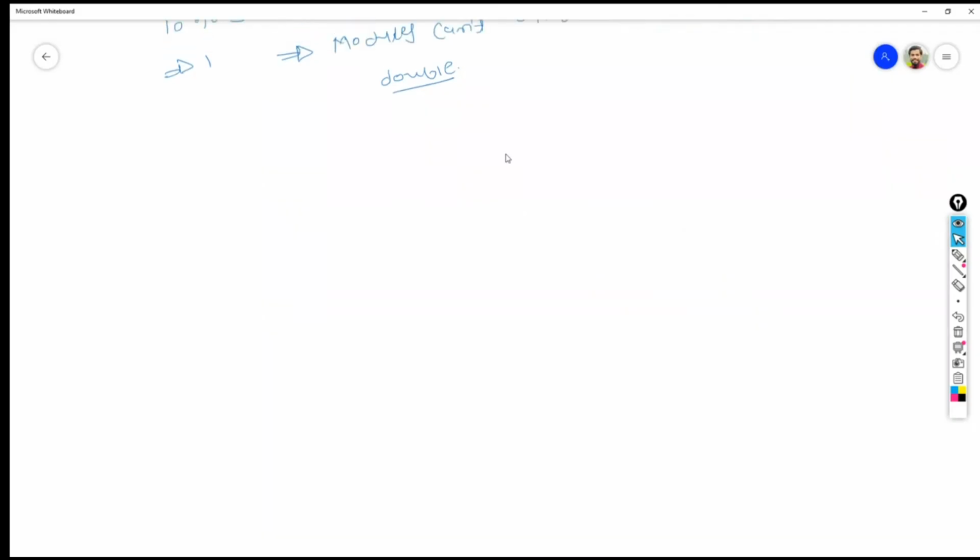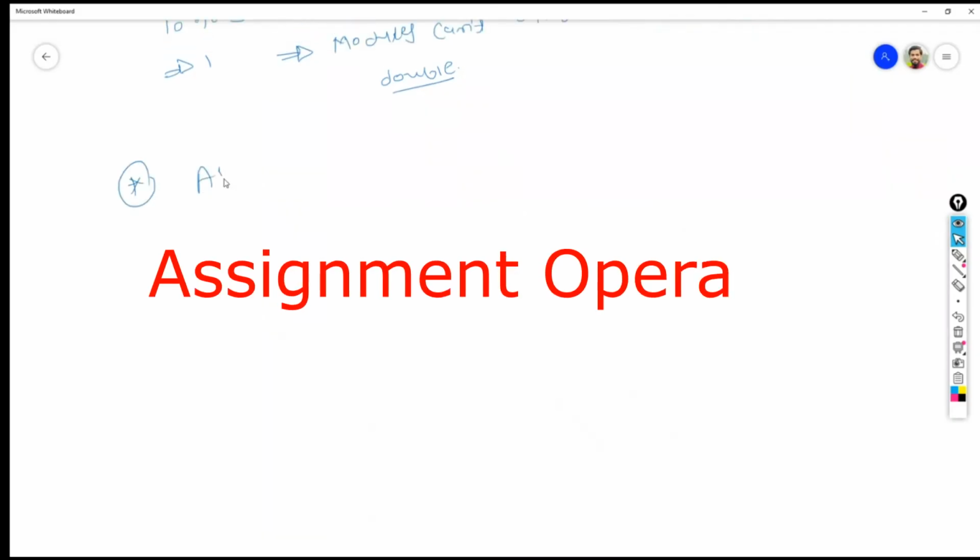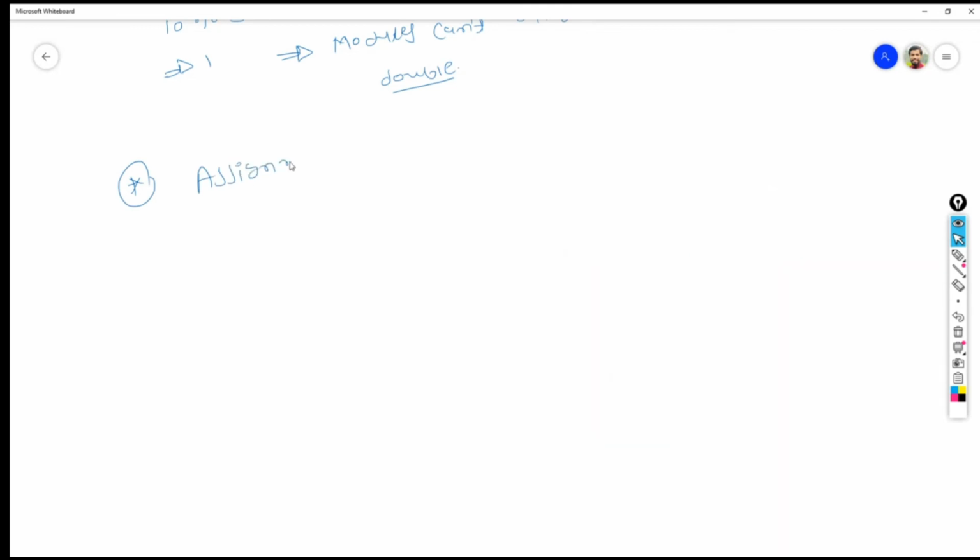Next one is the assignment operator. We have already seen it, but I will cover it again. It needs two operands to perform its task. The assignment operator is a binary operator.